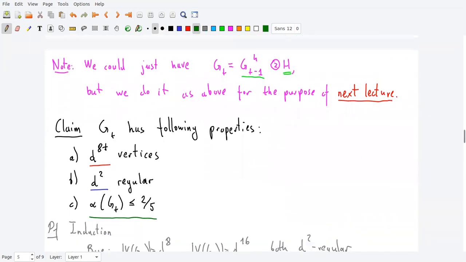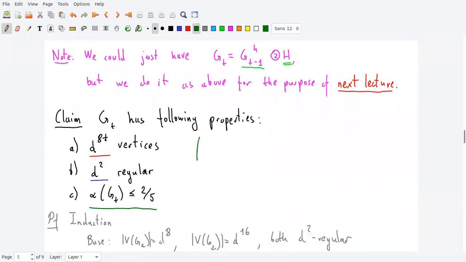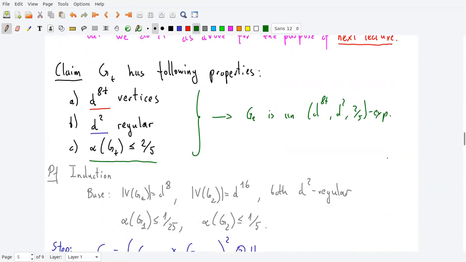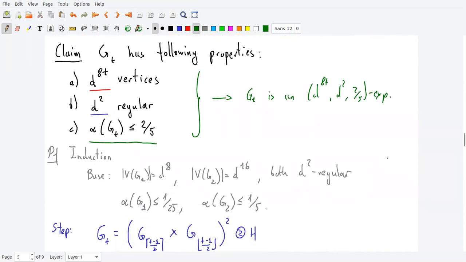All these conditions combined will prove to us that GT is a d to the 8t, d squared, 2 over 5 expander, which is what was promised in the theorem statement. Not surprisingly, we'll do this by induction.